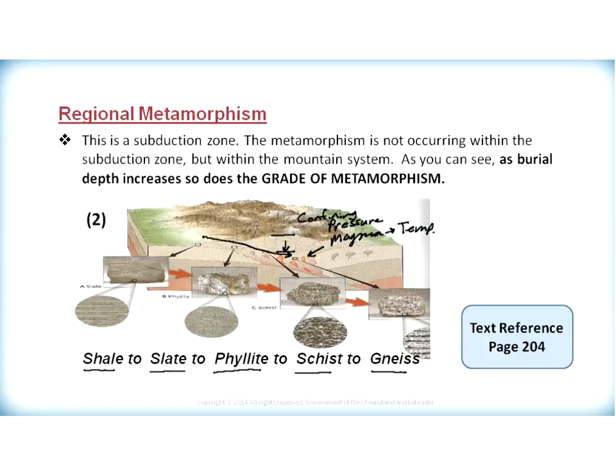So the farther we go down into the mountain's interior, the higher the grade of metamorphism, where we start with shale and we end with gneiss. Information on this topic is seen on page 204 in your text.